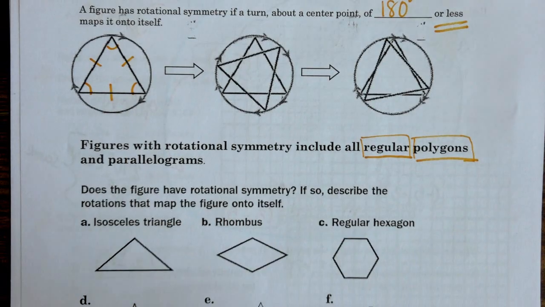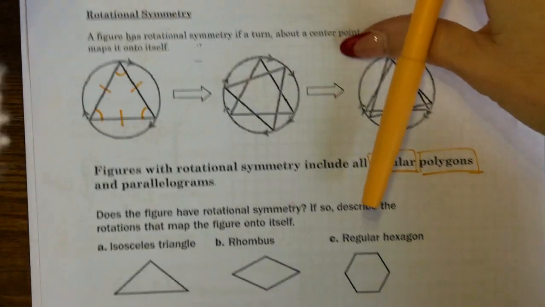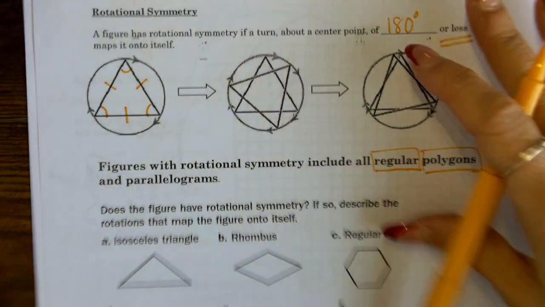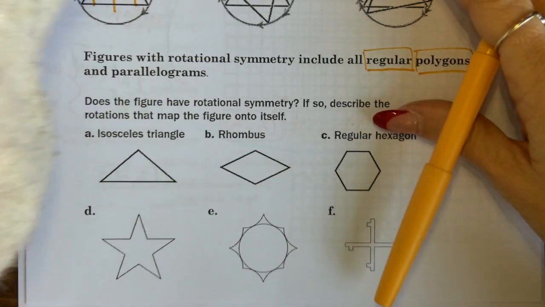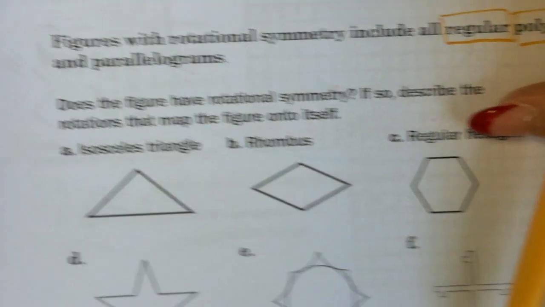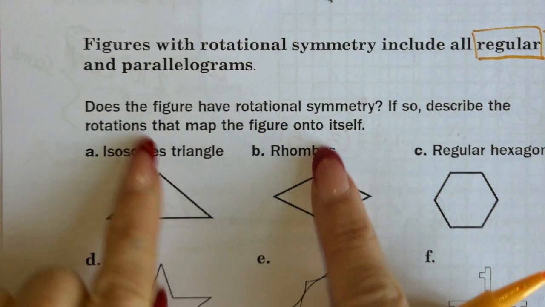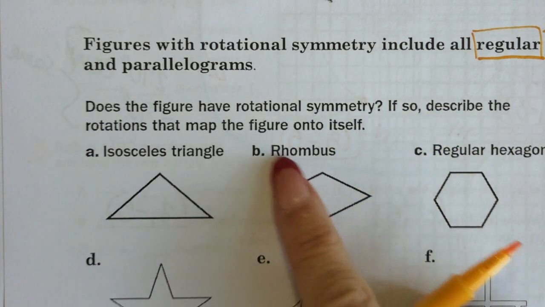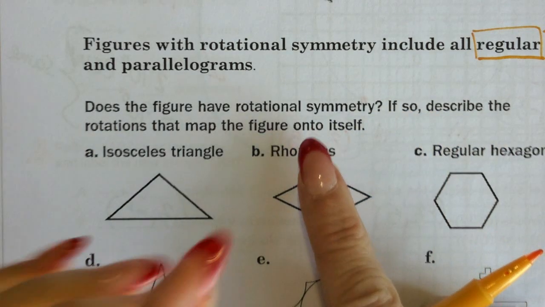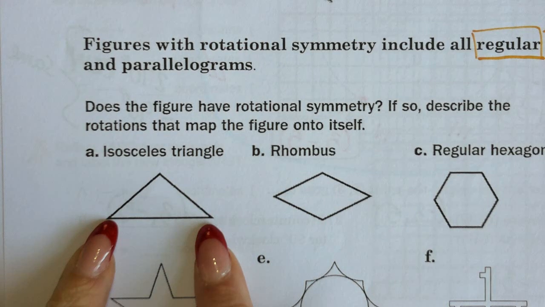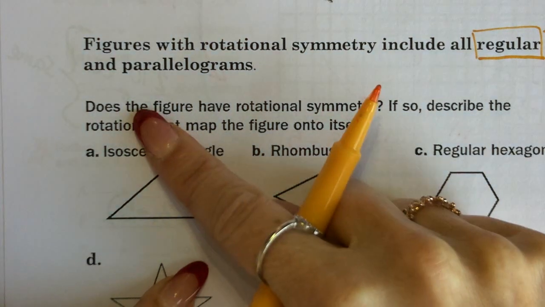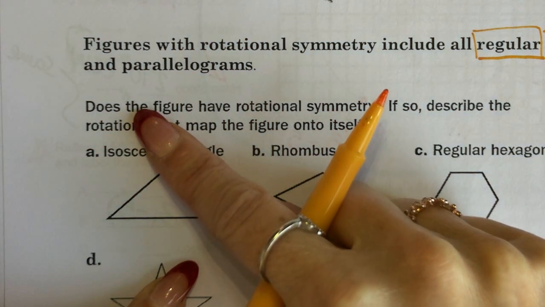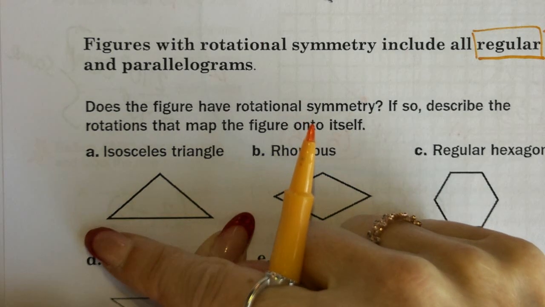Alright, here's the one where we get to talk about angles. Does the figure have rotational symmetry? If so, describe the rotations on the map. So watch. If I turn this one 90 degrees, will it be the same? If I turn it 180, will it be the same?